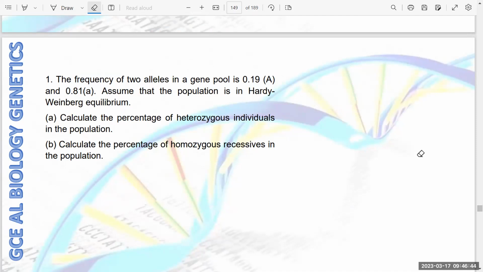Okay, now we use the Hardy-Weinberg equilibrium to calculate the heterozygous individuals and homozygous individuals, the number of people who are affected with a disease. We can calculate many things. That's why it is useful to evaluate in a population how many people are affected.